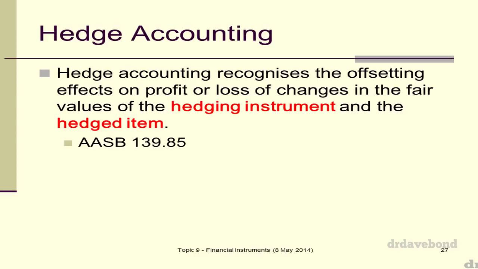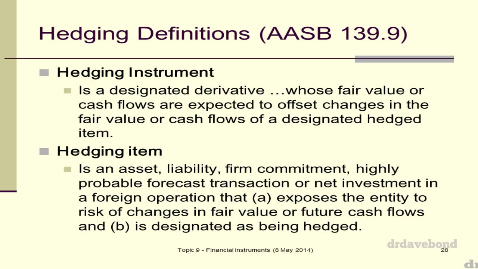So for example, you've borrowed money from overseas, or you've bought something from overseas and you owe the supplier money in a foreign currency. That foreign currency account payable will change in value to reflect the changes in foreign currency rates. That's the hedged item. The hedging instrument is something that we use to offset those changes. And so we're going to look at how that actually happens.